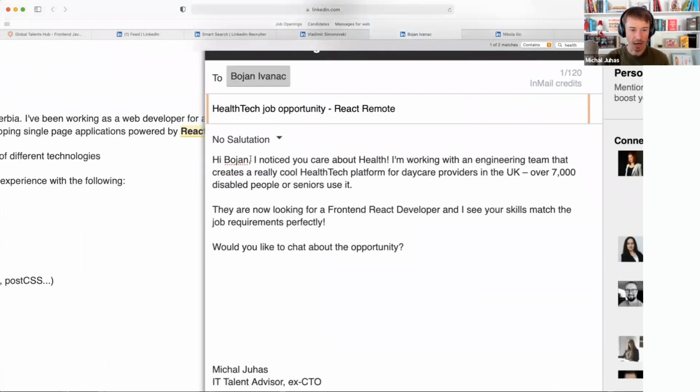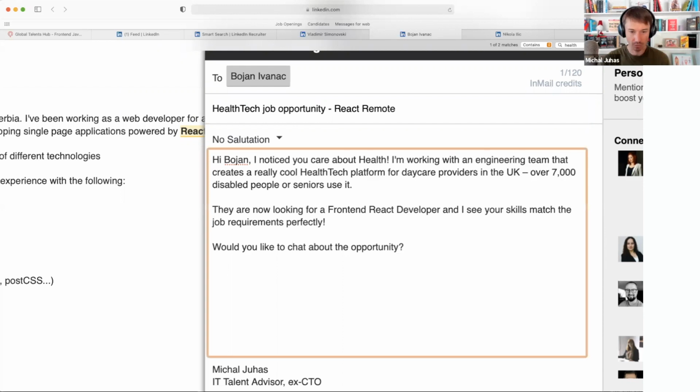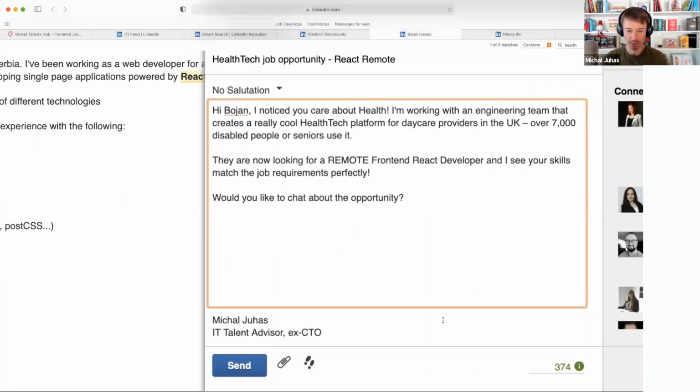So, hi Boyan, I noticed you care about health. I'm working with an engineering team that creates a really cool health tech platform for daycare providers in the UK, over 7,000. They're now looking for a remote front-end React developer from Serbia. And I see your skills match the job requirements perfectly. Would you like to chat about the opportunity? Well, that sounds pretty good. What do you guys say?